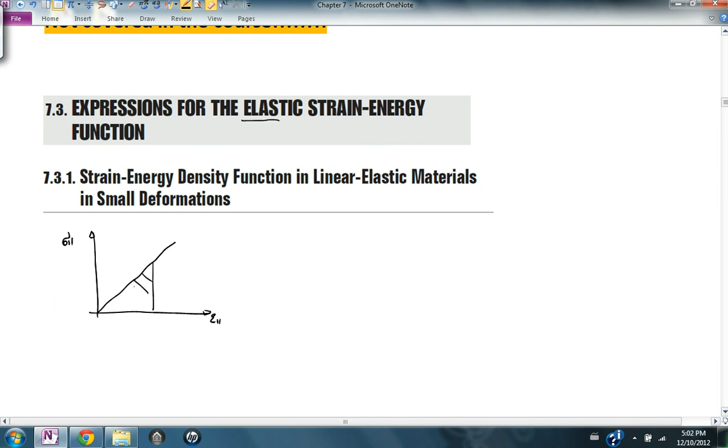So the energy at any point, if this is sigma and this is epsilon, then the energy per unit volume is equal to the integral of sigma 1 d epsilon 1, which is equal to sigma 1 epsilon 1 over 2.